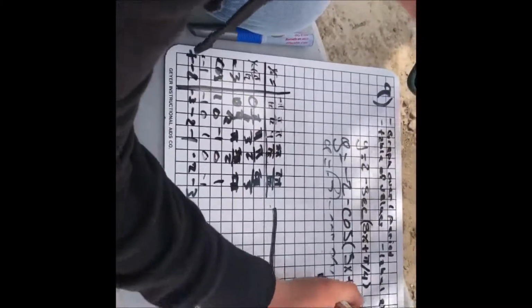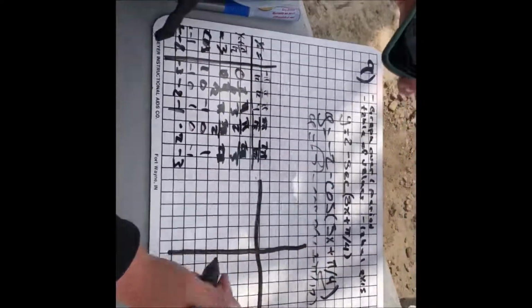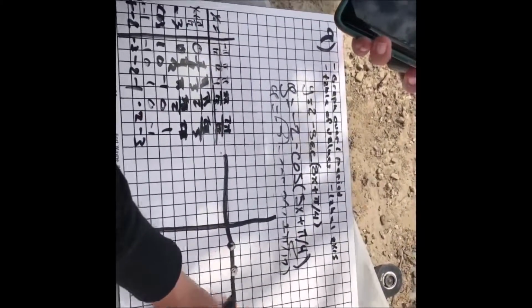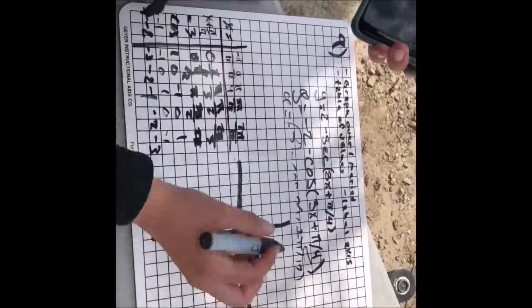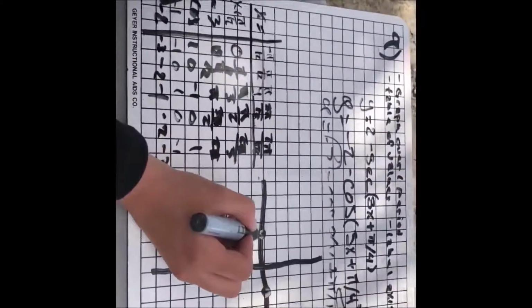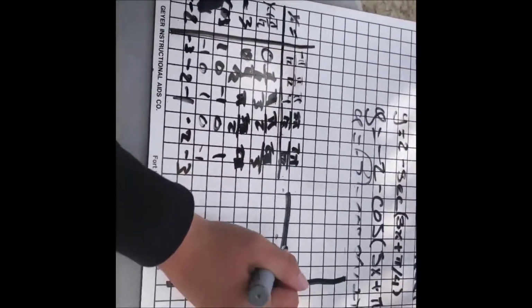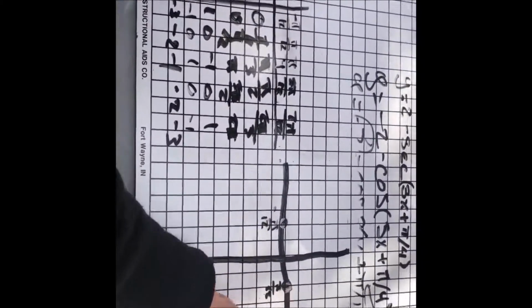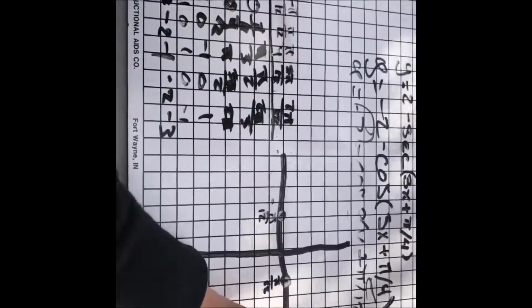Okay. That's okay-ish, I guess. So 1, 2, 3, 4. And then you get negative pi over 12, pi over 12. I gotta quickly write these in.